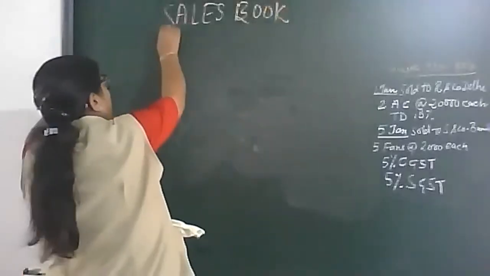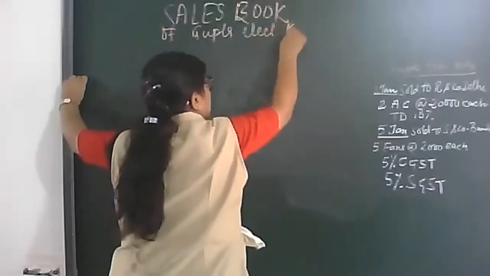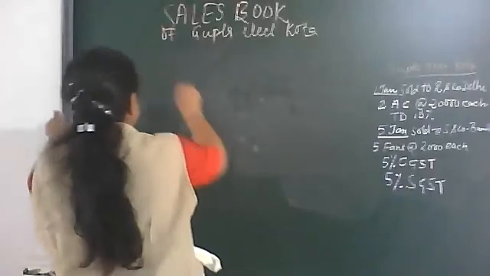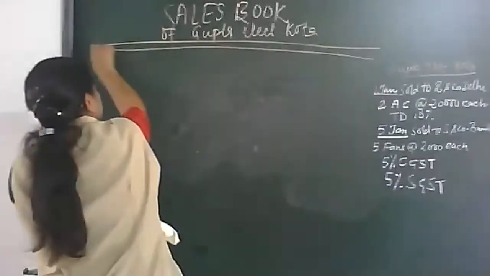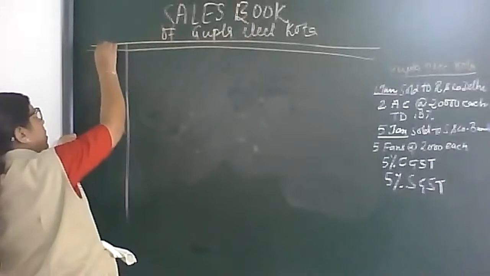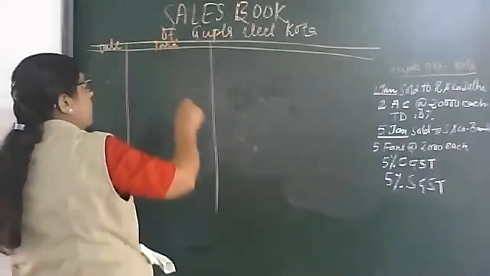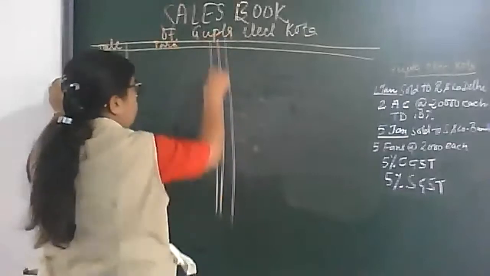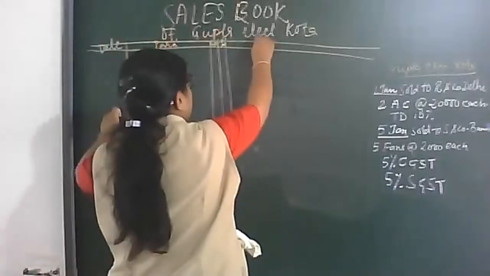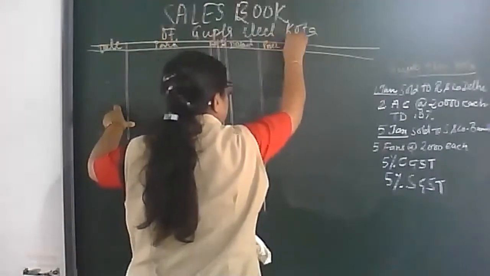Now we are going to start the sales book of Gupta Electronics, Kota. Make the format as you made yesterday: date, particulars, LF, voucher number, bill number, then details, then price or selling price.